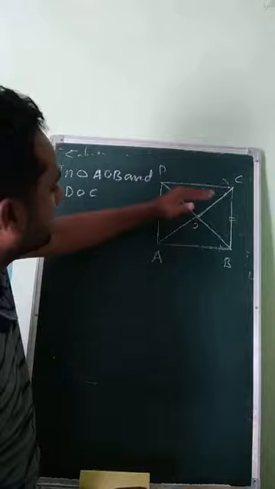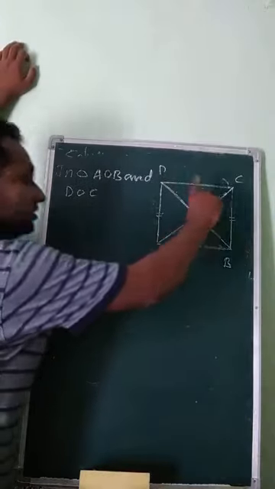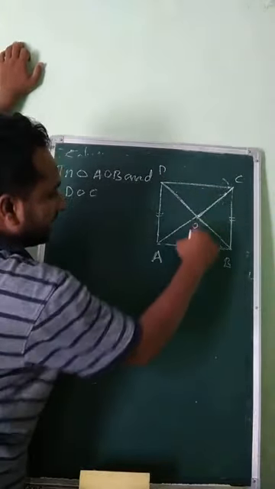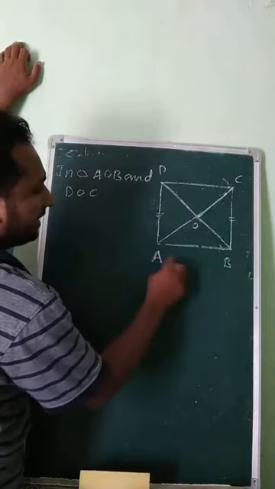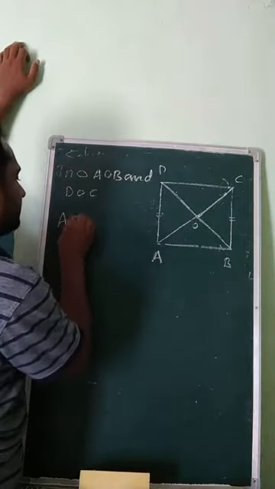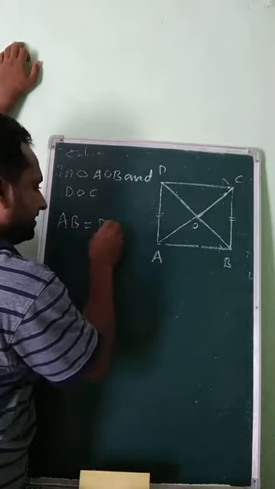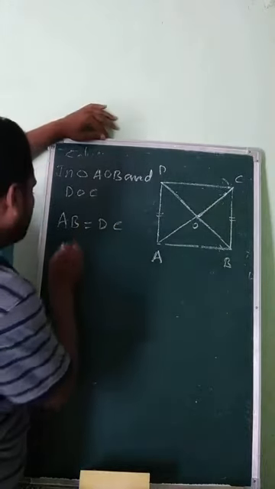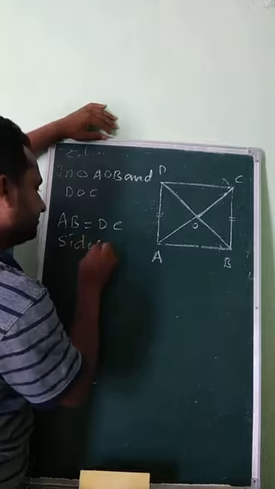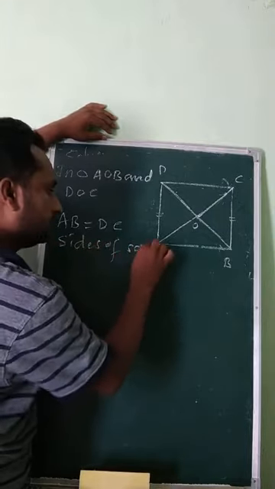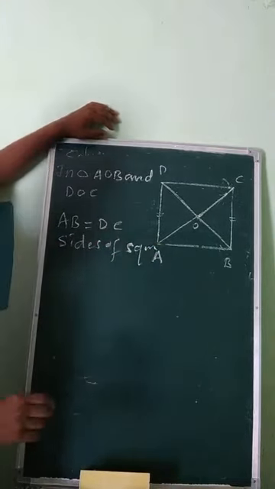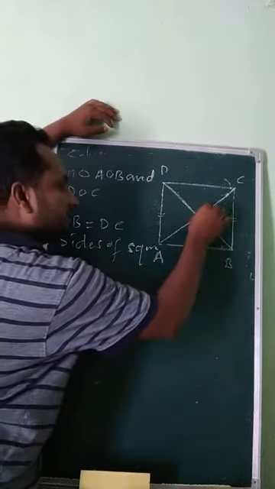So you have to take these two triangles. Now in these two triangles, side AB is equal to which side in this triangle? Side DC. Why? Because sides of the square. One element is over. Next, what about this angle and this angle?